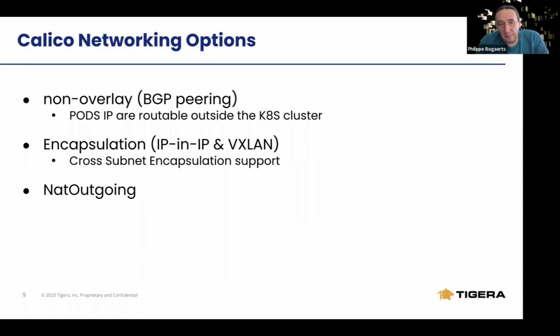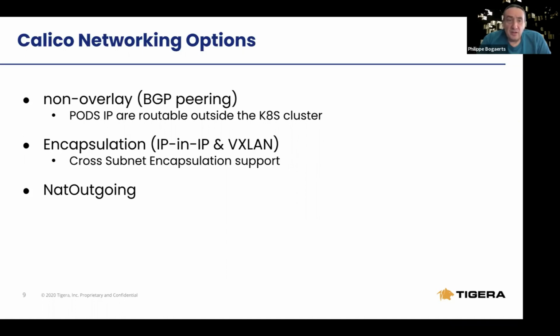One of the particularities of Calico is that we also support a non-overlay based solution, meaning that pod-to-pod traffic across nodes is not encapsulated, as the name suggests, so that you can actually, on the underlay network, see the original packets.